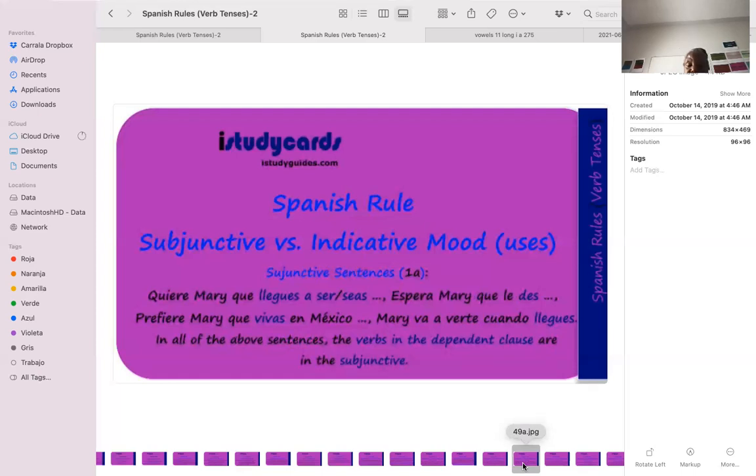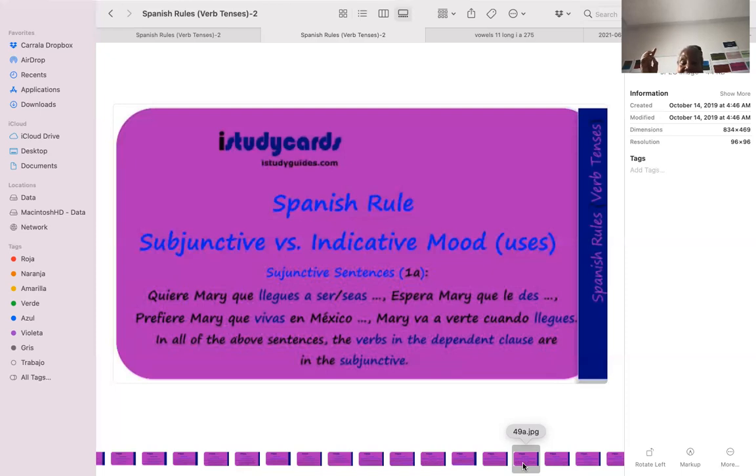So here it is in Spanish. Quiere María, or Mary, que llegues a ser, o quiere que seas.